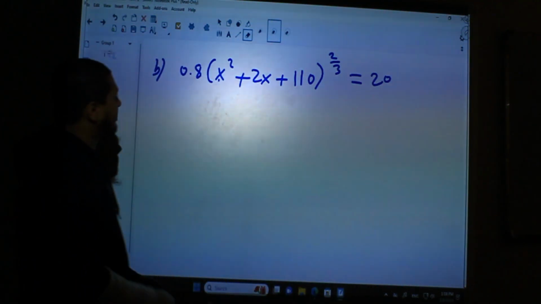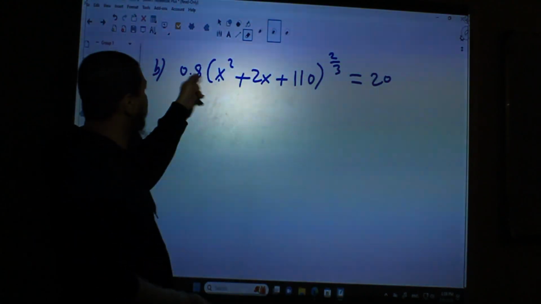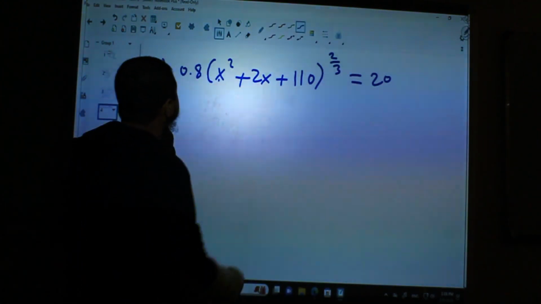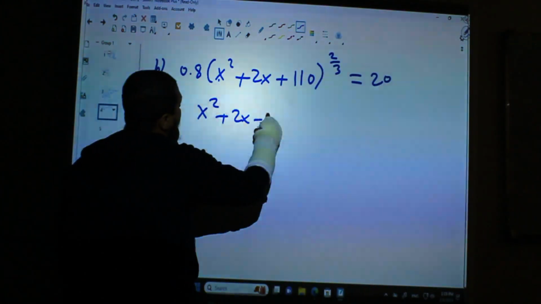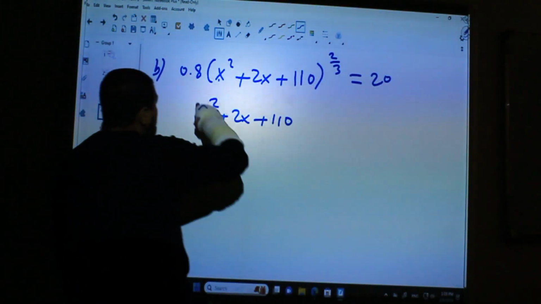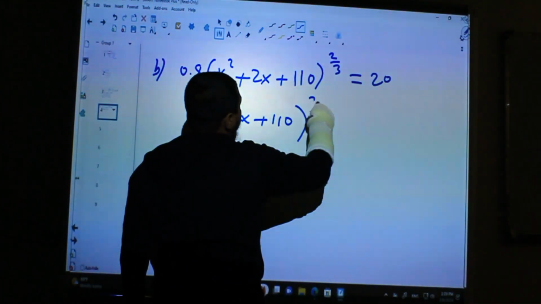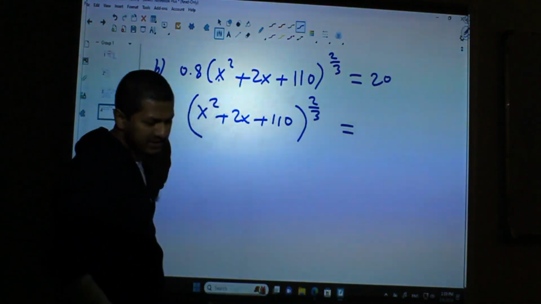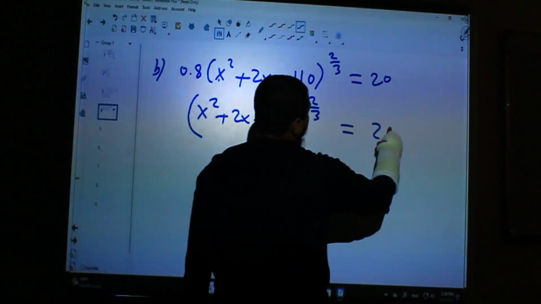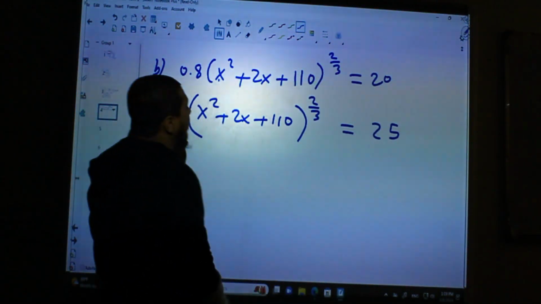Right, so the first thing we will do is divide both sides by 0.8. So we get x squared plus 2x plus 110 to the power 2 over 3 is equal to 20 divided by 0.8. So we get 25. Right?